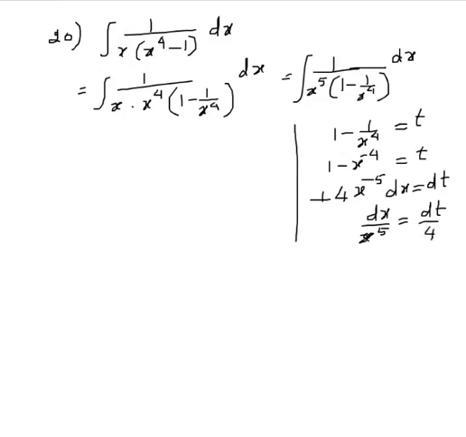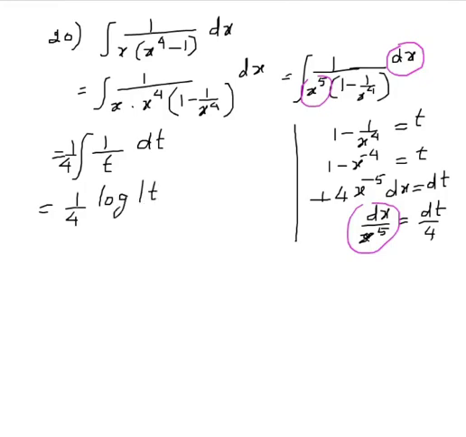See how simple the question has become. Integral. We have dx divided by x power 5, which becomes dt divided by 4, and that bracket is t. So easy the integration is in this case.